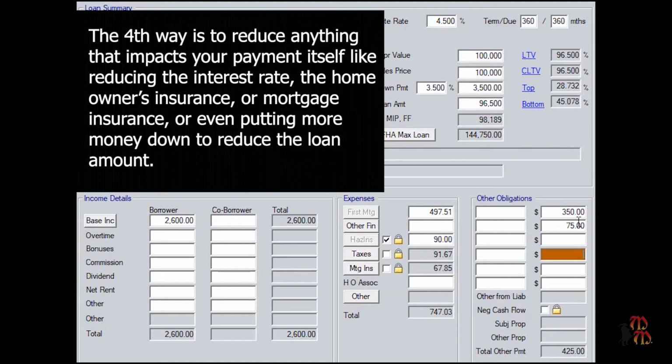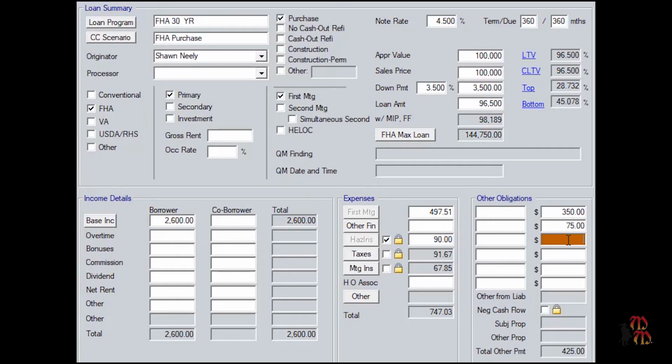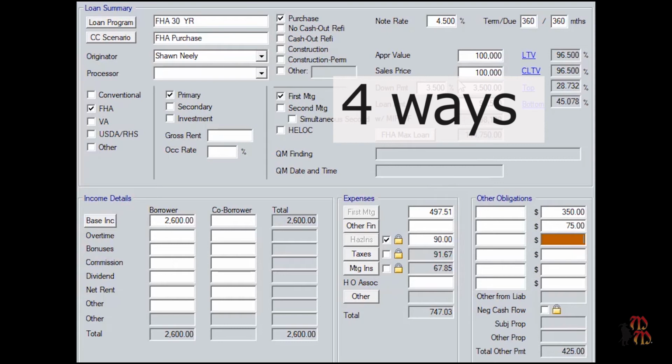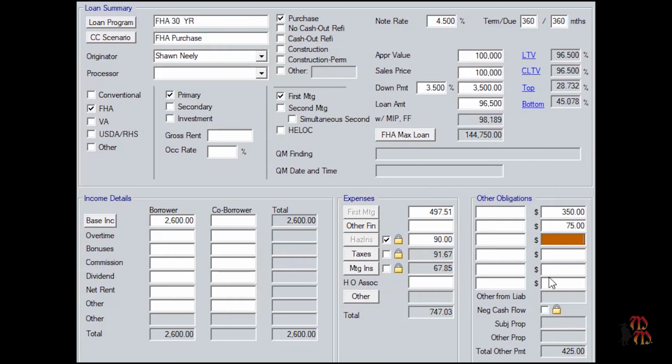So when you have a large car payment, probably not going to be something you can pay off, but like that $150 payment that we just got rid of, if you only have like $300-400, let's say you only have four payments left or something, and you have that amount in the bank, you have the assets available to pay it off. That's another good way to reduce your debt to income ratio. So 3 ways: you can either make more money, lower the cost of the house, or reduce your debt.